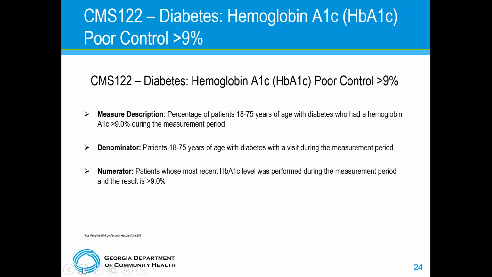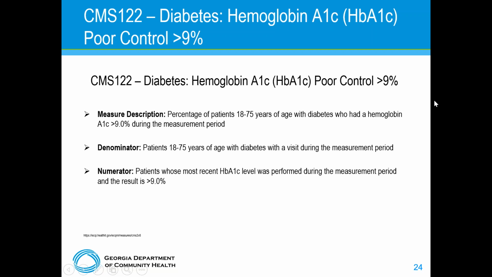The denominator is focusing in on those patients 18 to 75 years of age with diabetes who had an office visit during the measurement period, and specifically looking for, in the numerator, the patients whose most recent hemoglobin A1C level was performed during the measurement period and the result is greater than 9%.